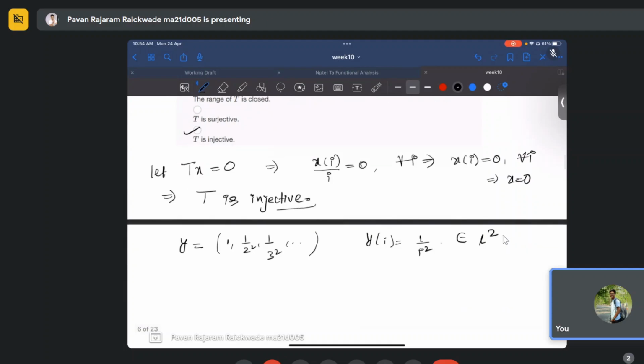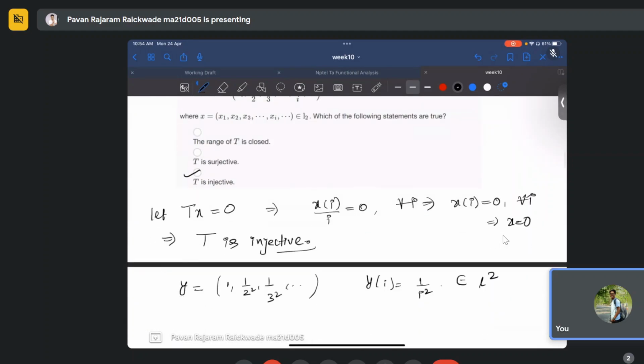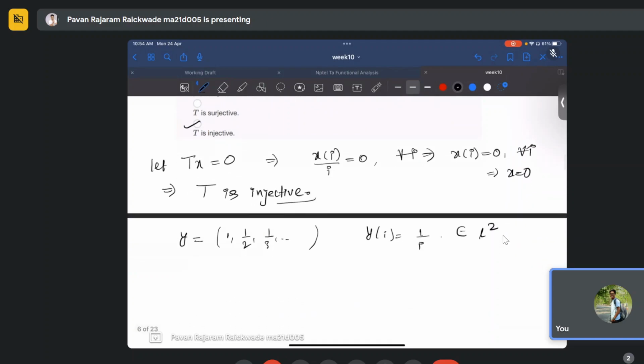If I take the pre-image, it's 1 by n, that is again in L2. But if we take y as 1 by 2, 1 by 3, 1 by n simply, this is also in L2, but what is its pre-image?